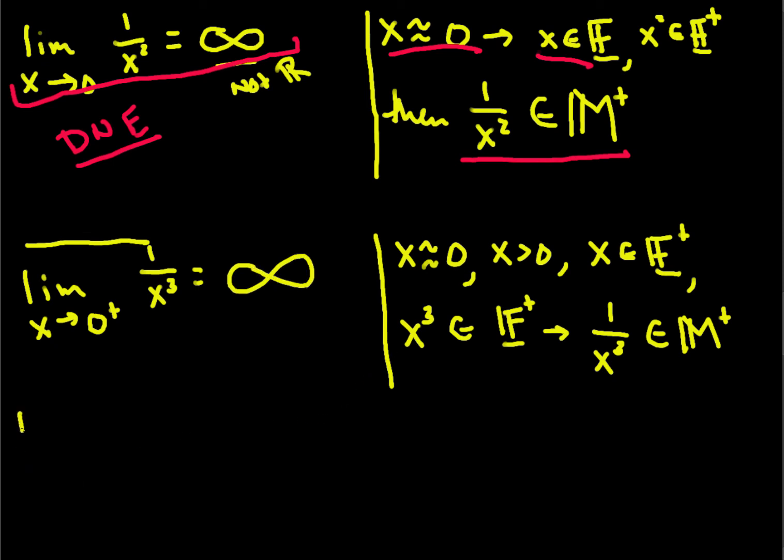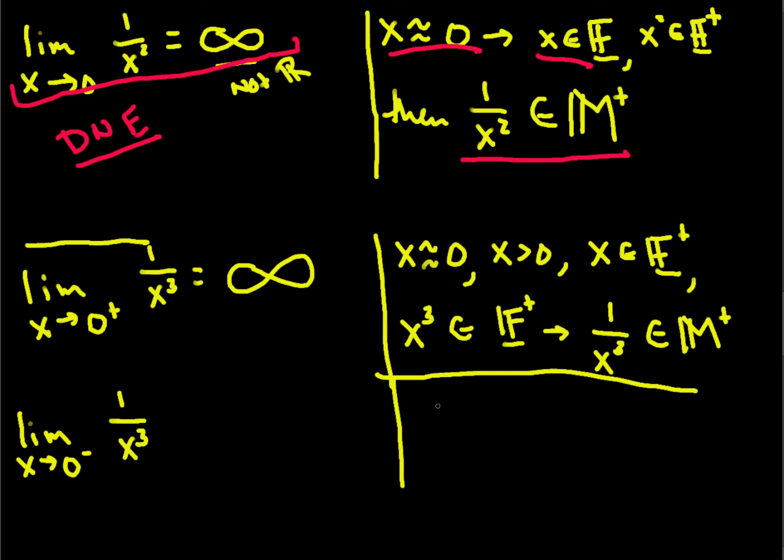On the other hand, if we wanted to look at the limit as x approaches 0 from the left of 1 over x cubed, so now we're saying that x is infinitely close to 0 and x is less than 0, which tells us that x is a negative infinitesimal, which then tells us that x cubed itself is too, because if I take a negative number and cube it, it's still negative.